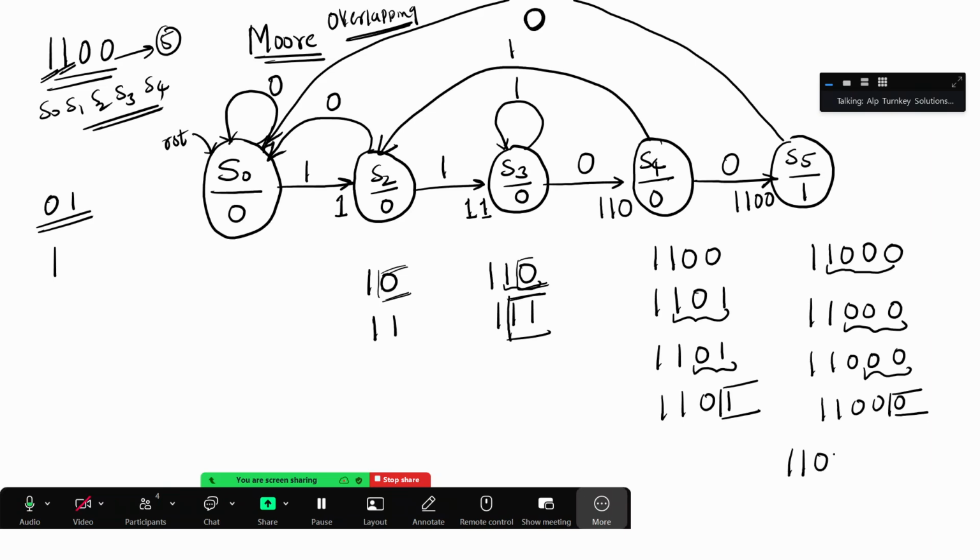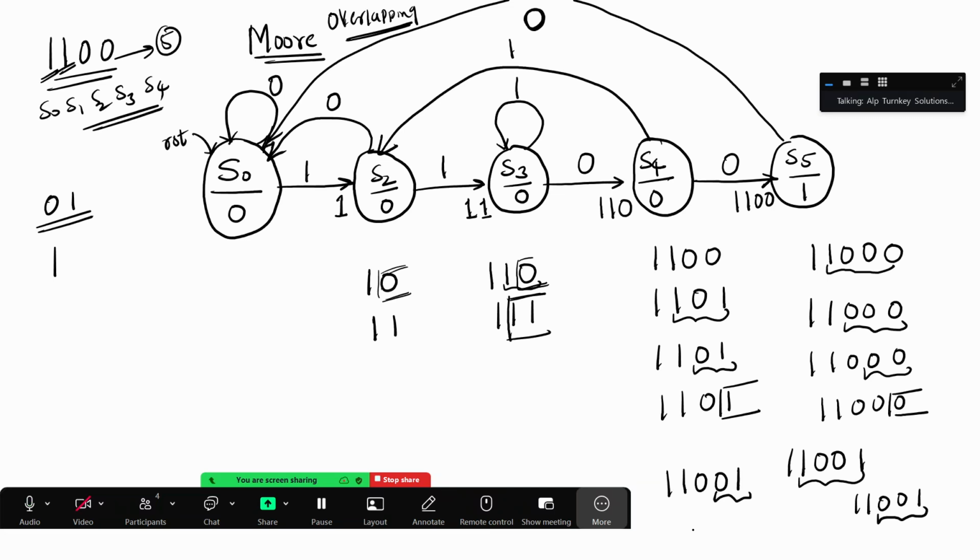1 1 0 0, and next if it is 1, I need to see for 4 bits. 4 bits anywhere matching, not matching. 1 1 0 0 1, 3 bits anywhere matching, 0 0 1 anywhere matching, not matching. 1 1 0 0 1, 2 bits 0 1 is matching?